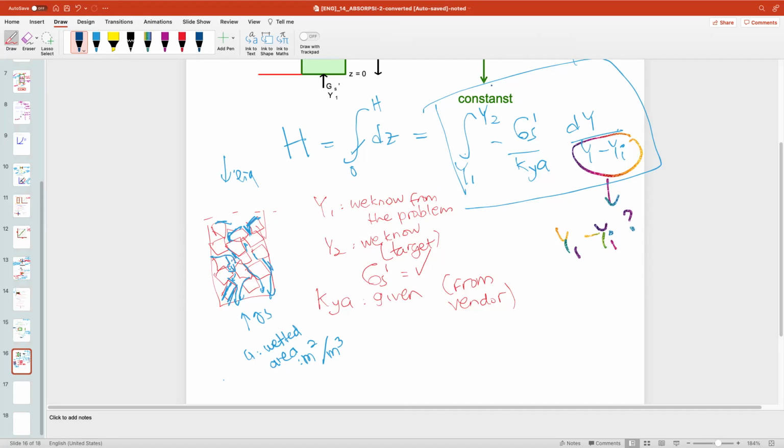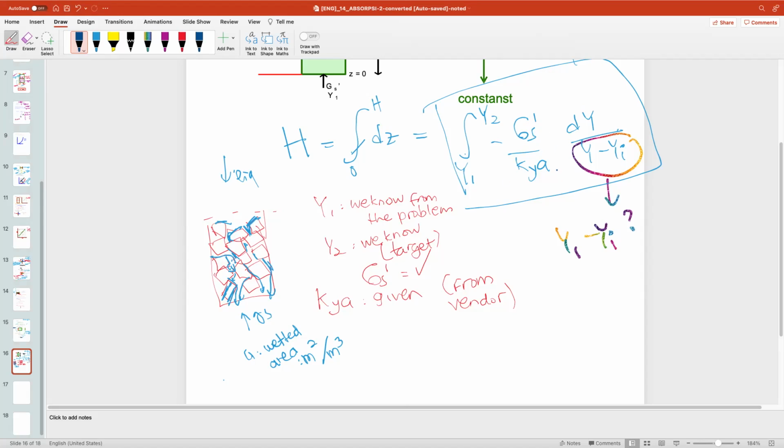The second one, Y2, is actually the target. What is the target of the clean gas that we would like to get? So we know Y1 and Y2. The gas flow should also be given, how much gas should be treated.